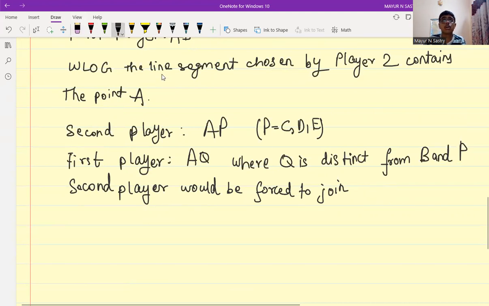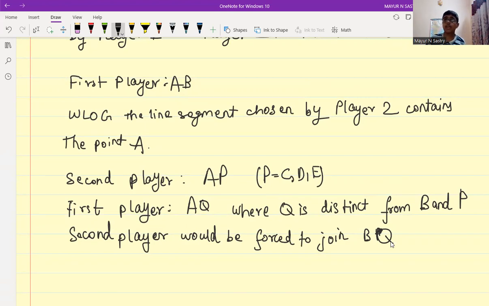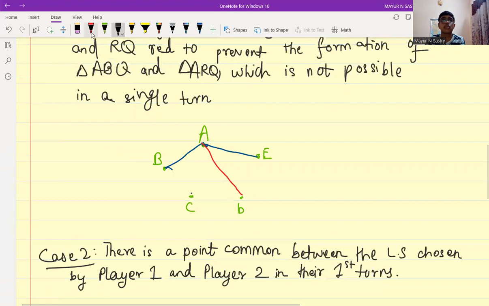If he doesn't color BQ, then I would complete the triangle ABQ, because AB is something I have chosen, AQ is something I have chosen, and if the second player does not join BQ, then I will complete the triangle ABQ. The second player would be forced to join BQ, which is nothing but BE over here.